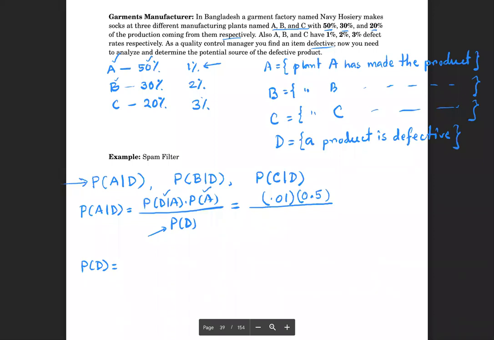So if we want to find out what is the probability of a randomly selected product being defective, how do you go about doing that? That's what I'm asking. How do you find P of D?